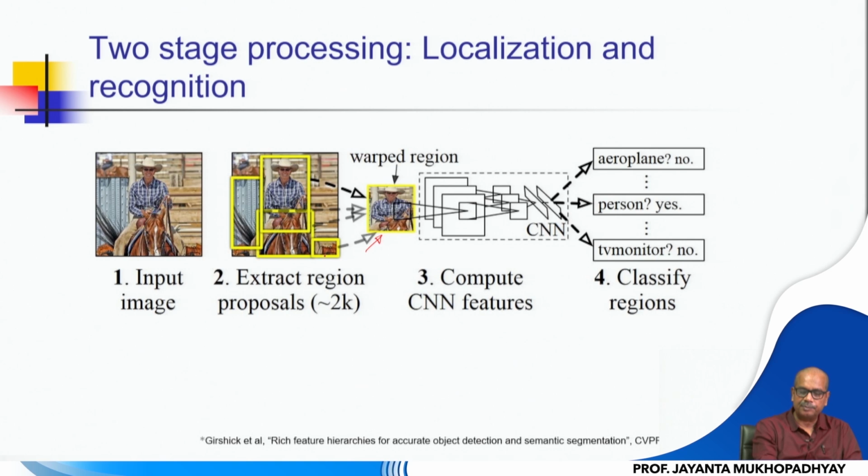This computational model extracts the region proposals, and each one is used in a trained classifier. This classifier is actually your deep neural architecture, and it will say which class it is with some probability value. So this is a two-stage processing. First, region proposals are predicted, and each region proposal is used for this classifier.